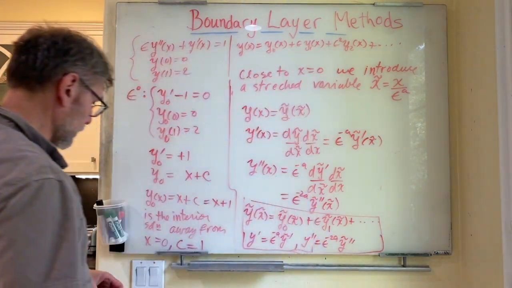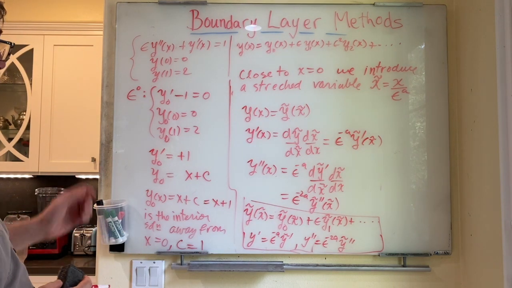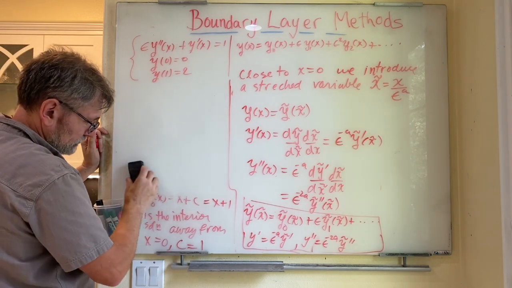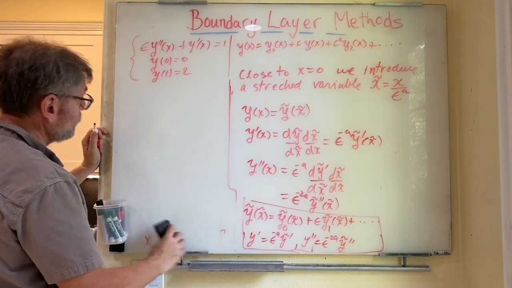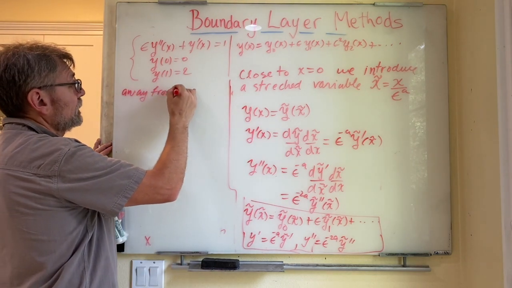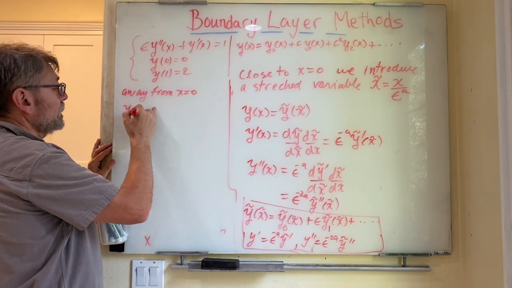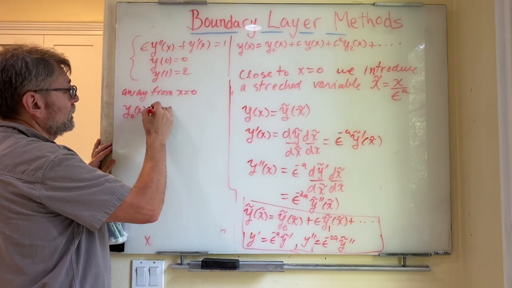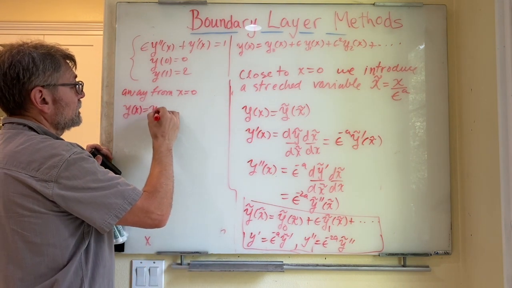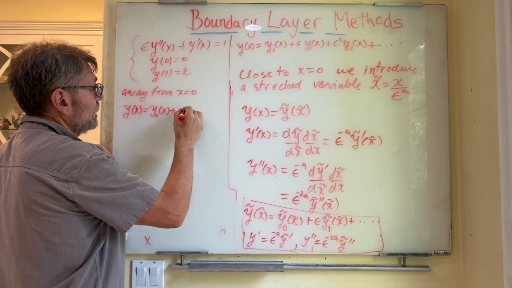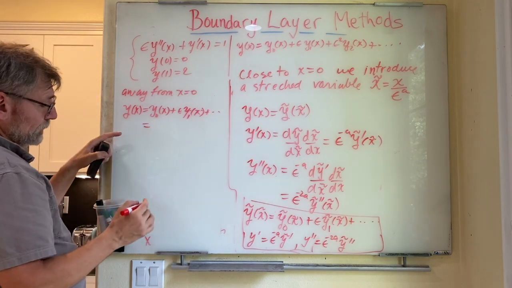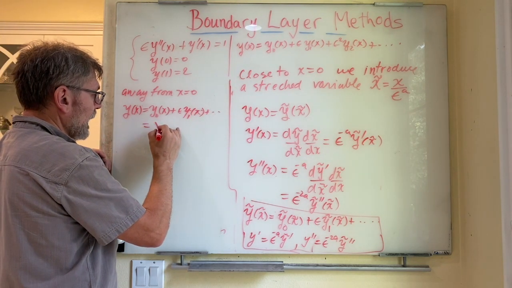And I also need to record what the interior solution, the solution away from the boundary, is. Okay, so I want to keep the problem. And I know that away from x equals 0, y of x is equal to y naught of x plus epsilon y1 of x plus dot dot dot, and that's equal to 1 plus x.